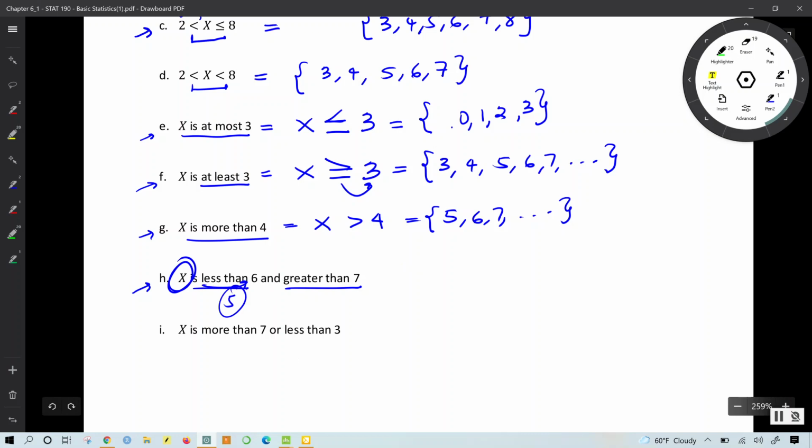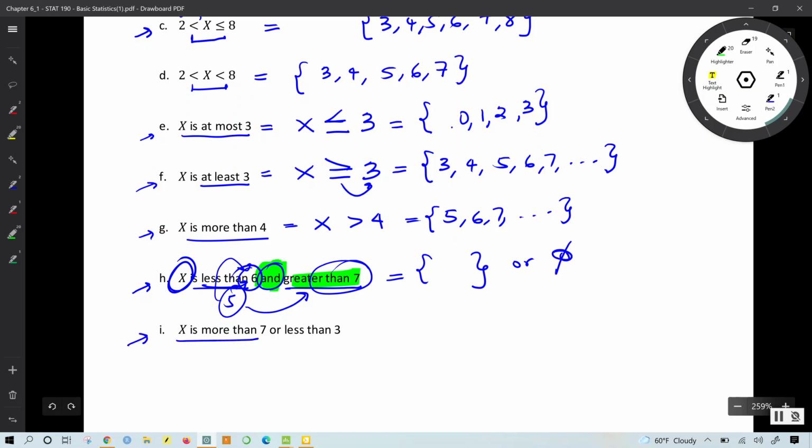But this number must also, because of the keyword and, be greater than 7. I find that difficult to believe. 5 is less than 6, but at the same time, it is not greater than 7. In fact, we cannot find a number less than 6 that is also greater than 7. So this is an empty set, written this way or this way.